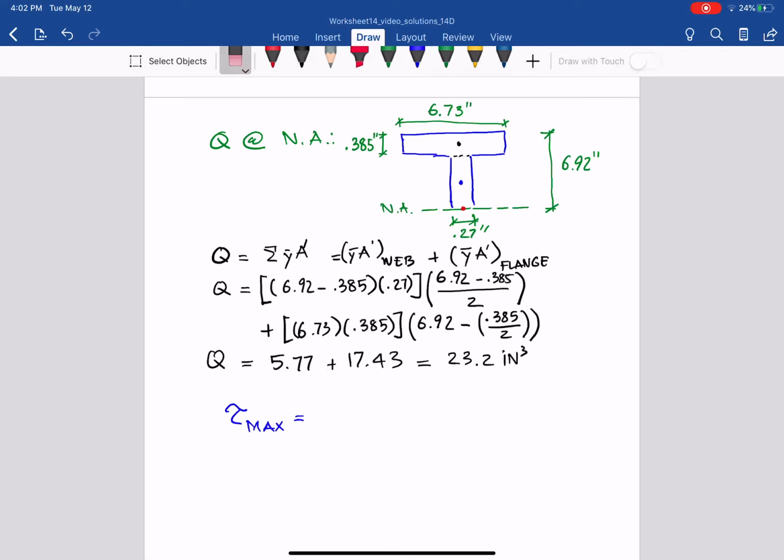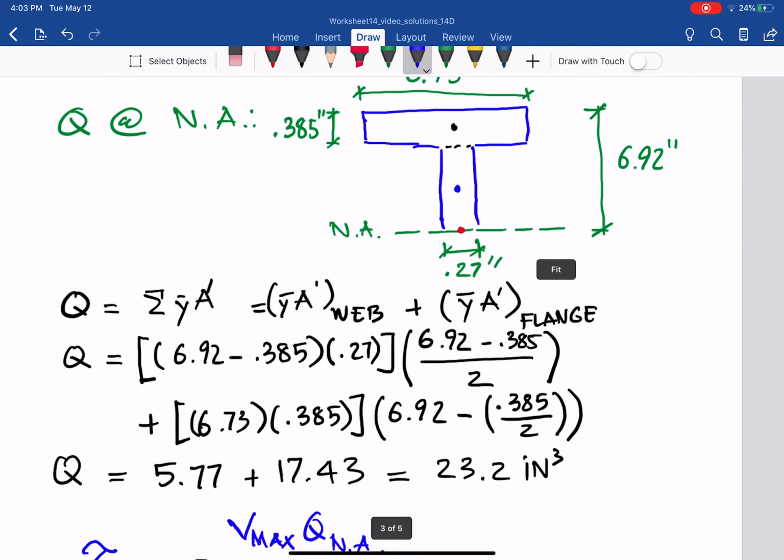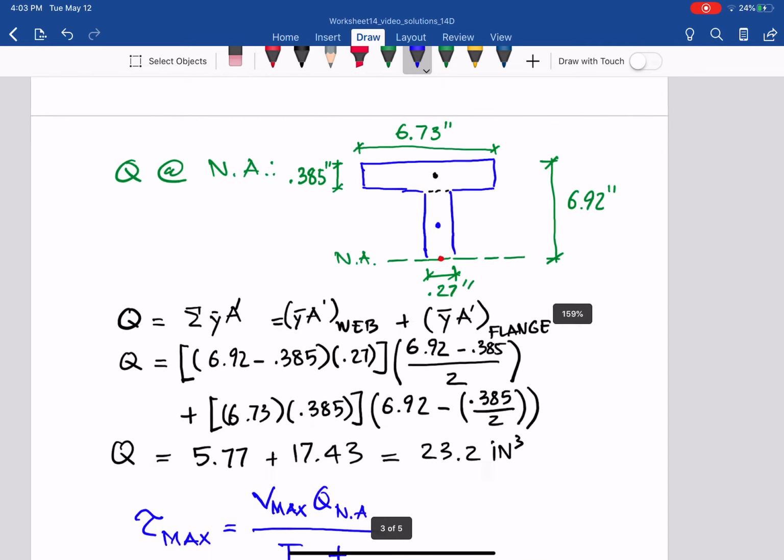Let's rewrite it. Equation: tau max is V max Q NA over I_xx t web, because at the neutral axis, the thickness here is the web, not the flange, as you can see there.